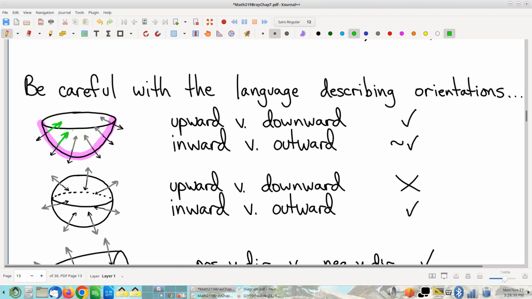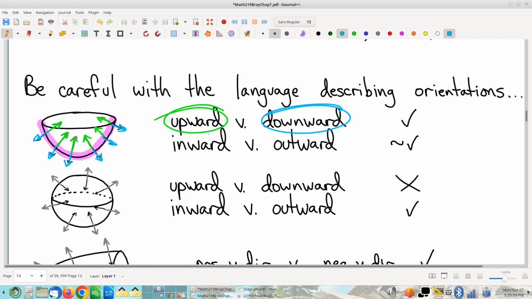Keep in mind an orientation is a collection of unit normal vectors indicating what we call the positive direction through the surface. That one I might reasonably call upward. And then there's the other possible orientation, another consistent choice of unit normal vectors through the surface, which I might reasonably call downward.